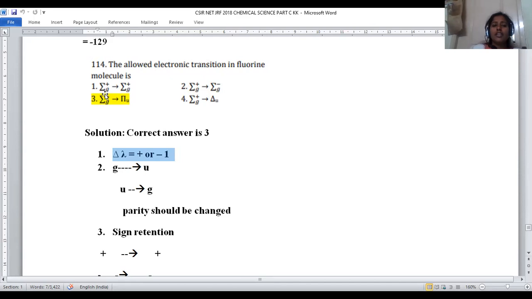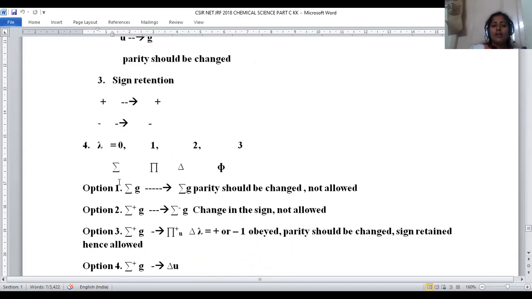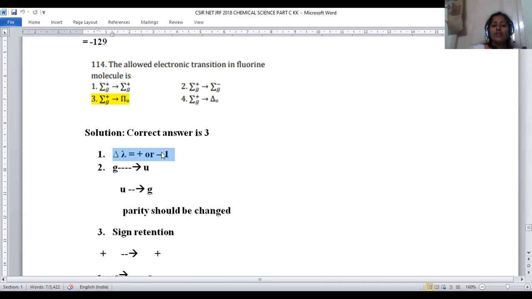In case of option number 3, we have sigma excited into pi orbital. So sigma to pi, it is required actually, because 0 to 1 is nothing but a plus 1 transition, and a plus 1 transition is an allowed transition. Let us go with charge. Here plus sign is there, here no sign is there. No sign indicates it is always associated with positive only, right?